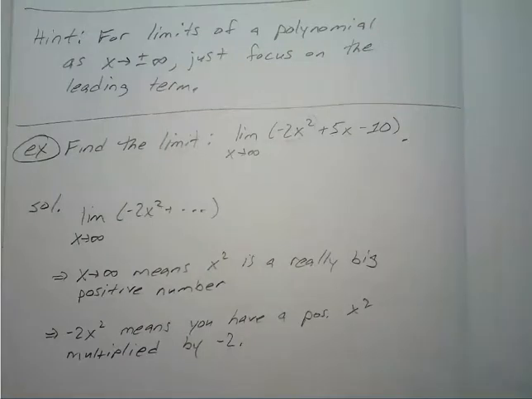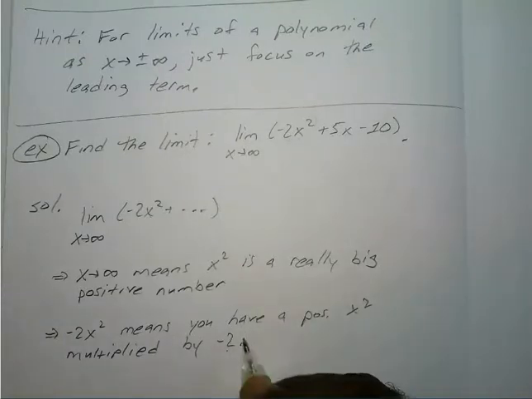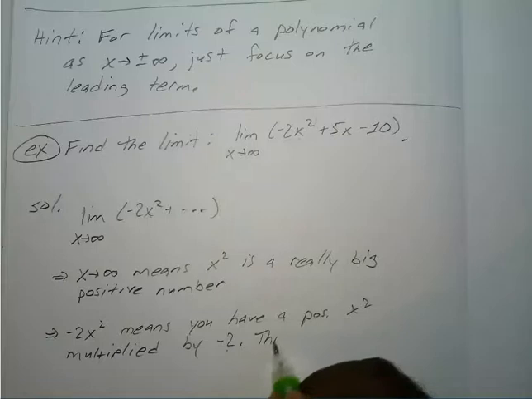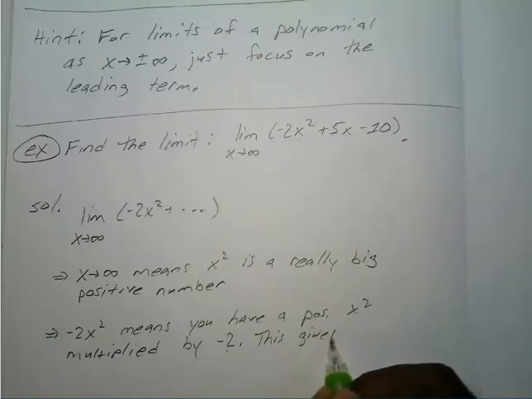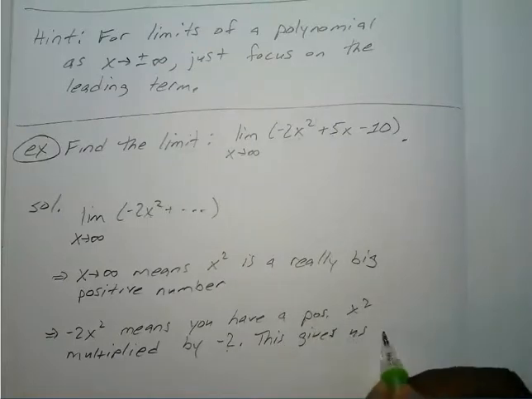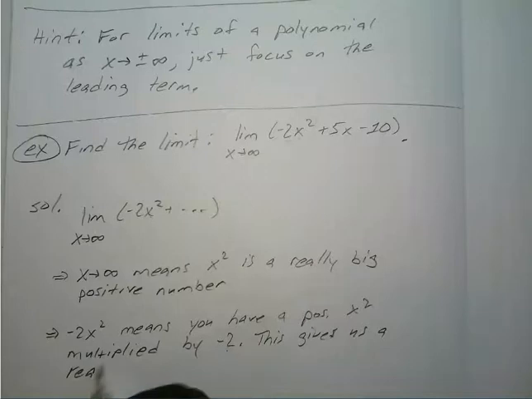So you have that big positive number multiplied by a negative number. That just gives you a really big negative number, because a positive times a negative is negative. This gives us a really big negative number.